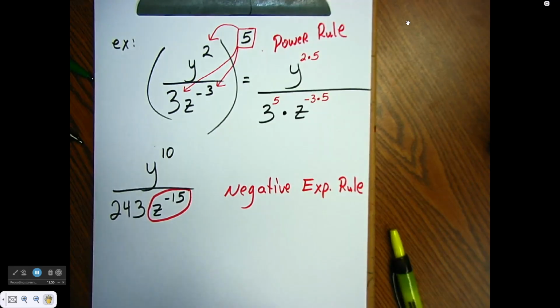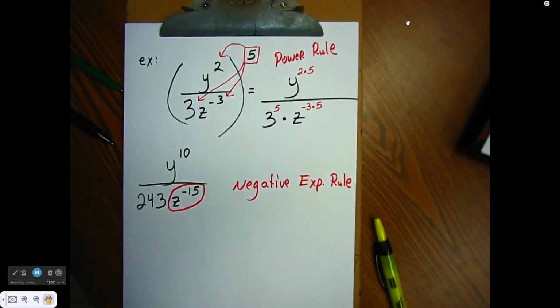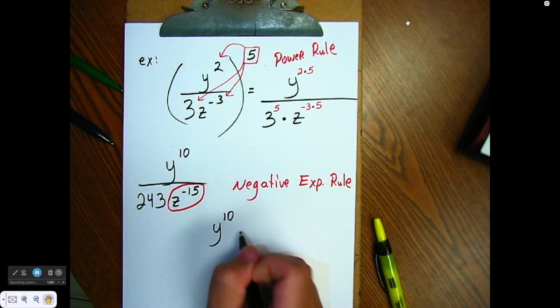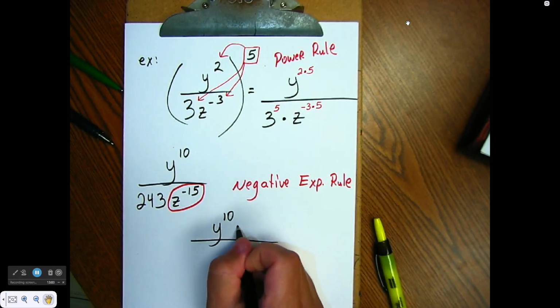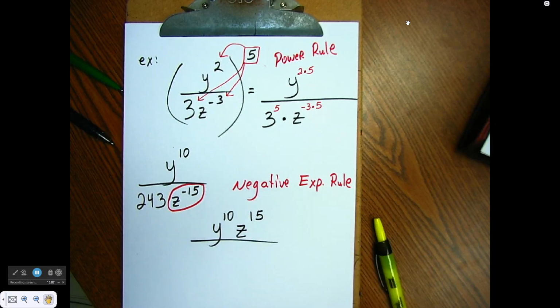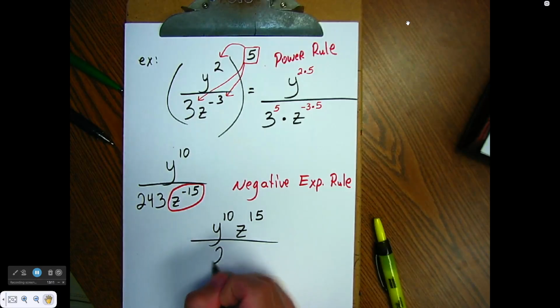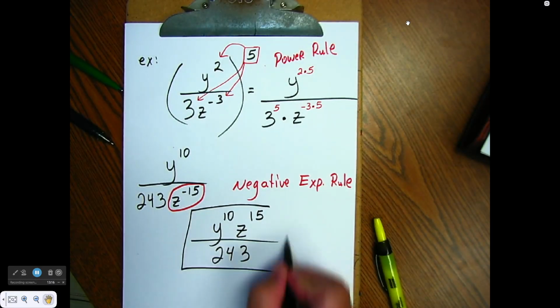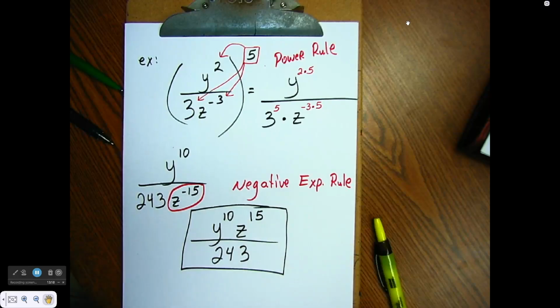So my final simplified expression, we have our y to the 10th, bring the z back to the top, crossing the line changes the sign on the exponent only, and on bottom we have our 243. And that is my final simplified expression.